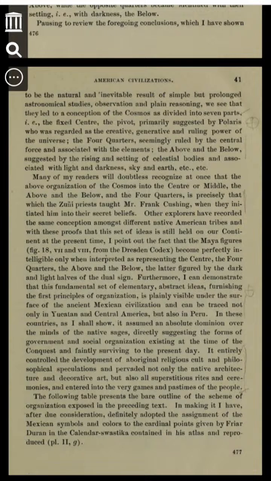Pausing to review the foregoing conclusions, which I have shown to be the natural and inevitable result of simple, prolonged astronomical studies, observation, and plain reasoning, we see that they led to a conception of the cosmos as divided into seven parts, i.e., the fixed center, the pivot, primarily suggested by Polaris, who was regarded as the creative, generative, and ruling power of the universe.